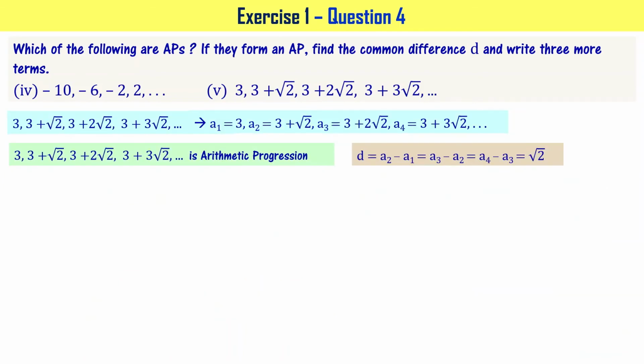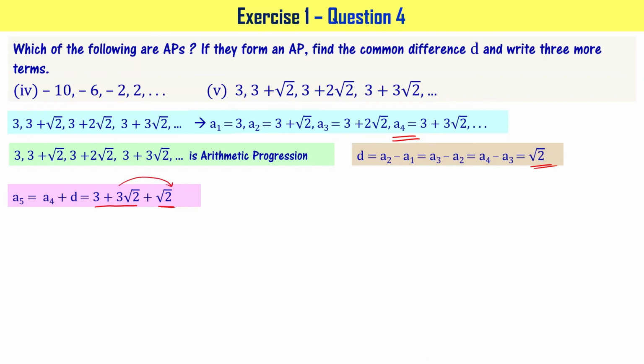We know what is the fourth term? 3 plus 3 root 2. And we know the value of D, right? Now let's find A5. A5 equal to A4 plus D, right? Now what you have is 3 plus 3 root 2 as A4 and D equal to root 2. Now look at these two terms.